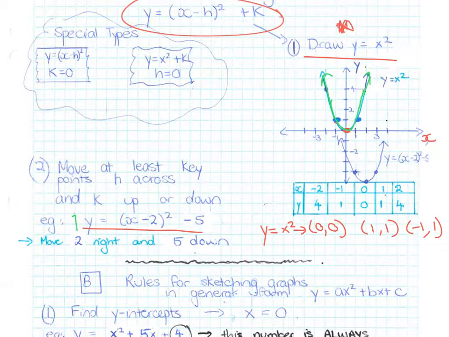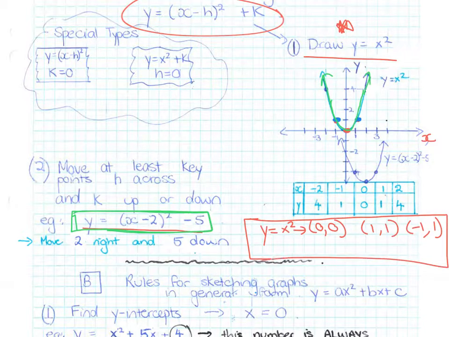But we want to draw this thing over here. We want to draw y equals (x take 2) all squared take 5. Now remember, the red is what you have to remember. So first thing you have to remember is that for y equals x squared, you need to draw those points. The second thing, if you have brackets, the number inside the bracket, if it's positive, you move the graph to the left.